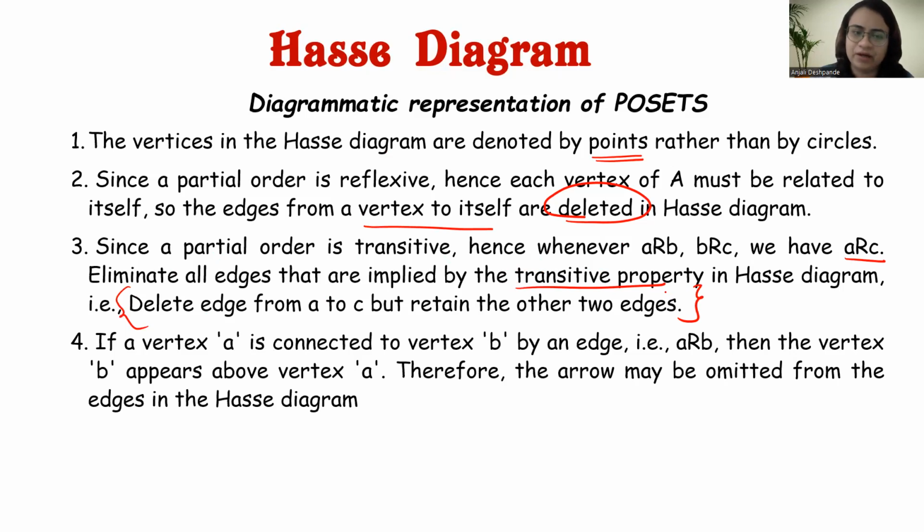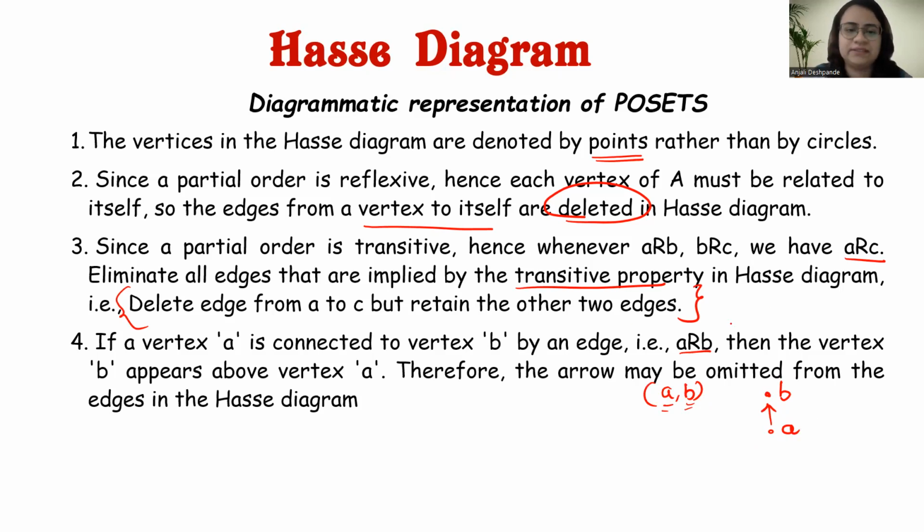Next is that if a vertex A is connected to B by an edge, that means A is related to B, then the vertex B appears above vertex A. That means if this tuple is in my relation, A is related to B, the vertex B should be above vertex A. The left element should be below the element at the right.